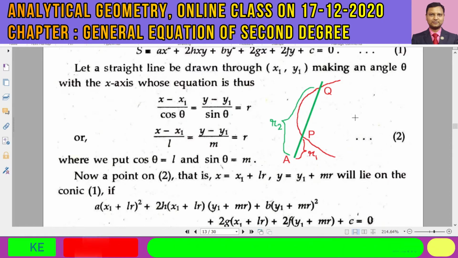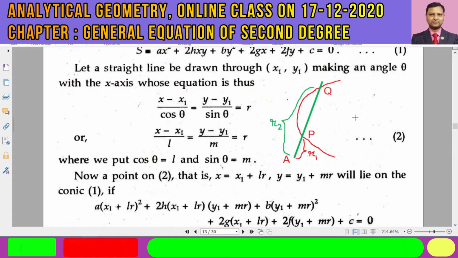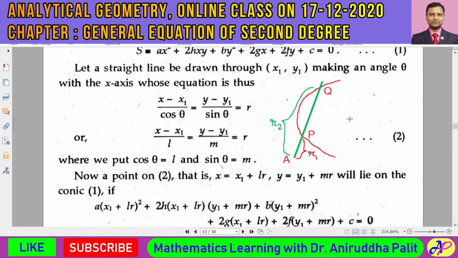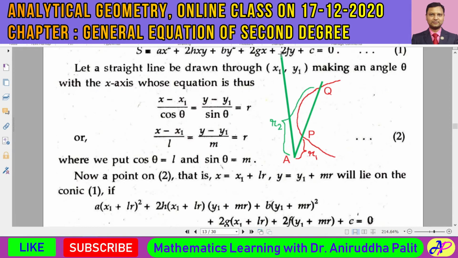Okay, and if by chance R1 and R2 both are complex numbers, then we will say that the straight line is not intersecting the curve at all. In that case, what would be the position of that straight line? This may be the position of the straight line. You see, this kind of straight line is not intersecting the curve at all.